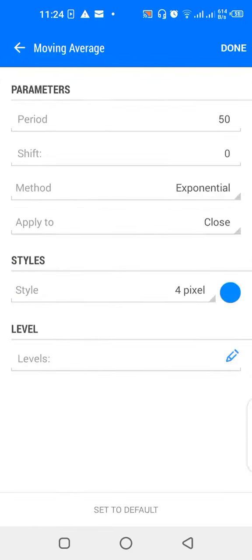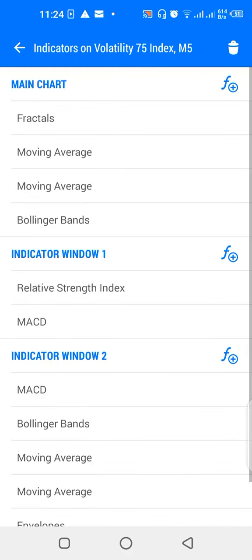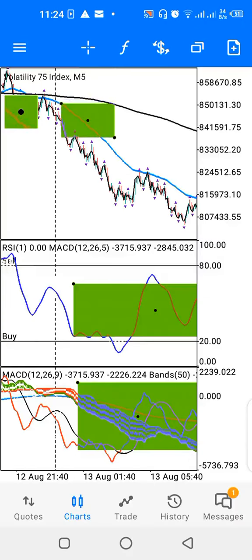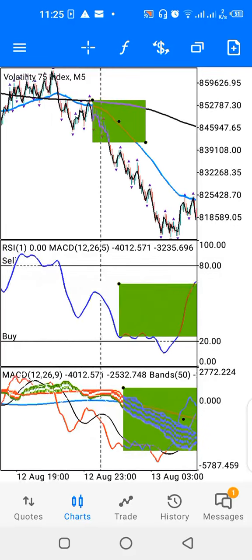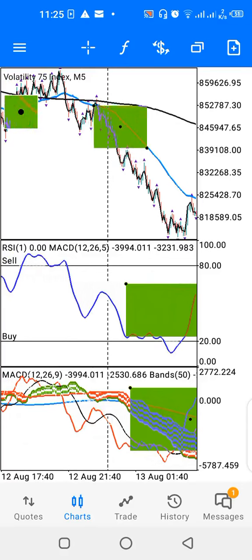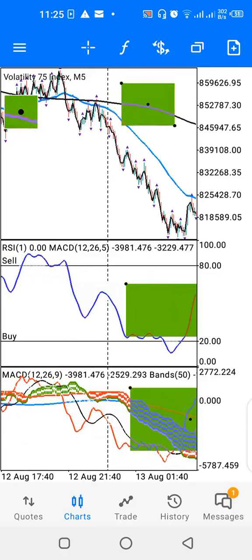So when the 50 moving average, which is the blue line, crosses down below the 240 period, I look for short trades. I go short. So I try to sell. When it crosses up, I look for long trades.